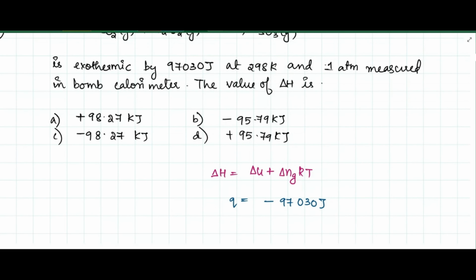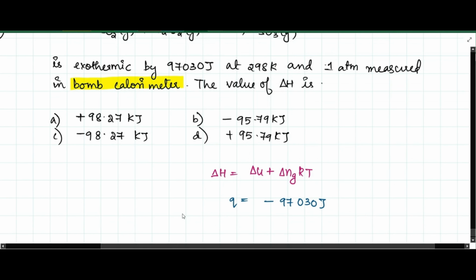So see, in the question it is given that the system is inside a bomb calorimeter. Now what is a bomb calorimeter? A bomb calorimeter is a closed vessel, so the volume won't change.